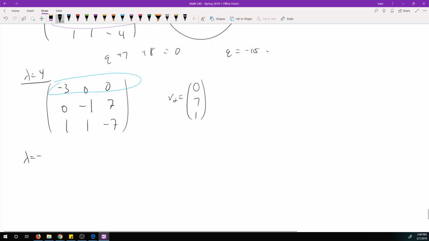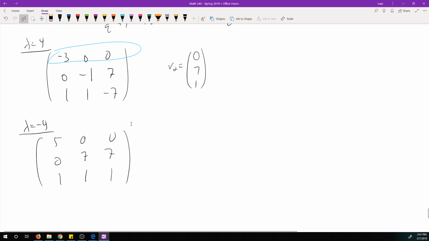And now lambda is equal to negative 4, 5, 0, 0, 0, 7, 7, 7, 1, 1, 1. Right, and it's the same idea. This first entry has to be 0 because there's nothing to kill the 5 otherwise. And then 1, negative 1 does the job there.